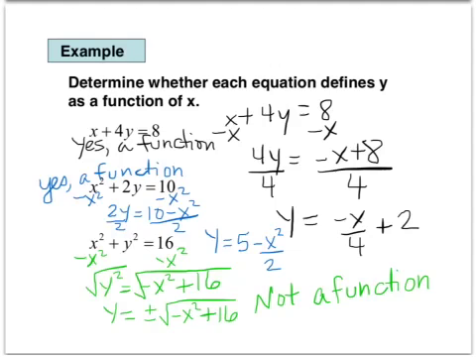Well, the fourth root works the same way. You can get the positive or the negative. But all your odd roots will give you just one answer. So if it's y to the third power or y to the fifth power, then it's okay as a function. But if it's y squared or y to the fourth or y to the sixth, then you can have two different possibilities for answers. And that will make it not a function.